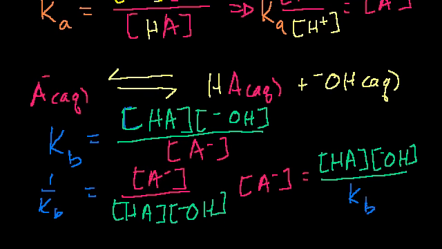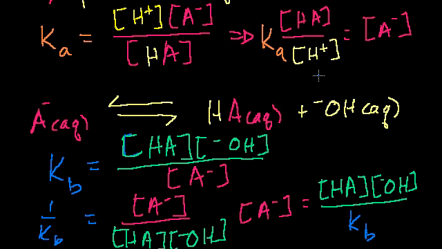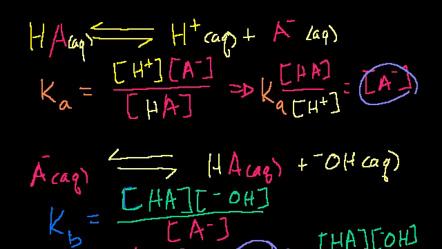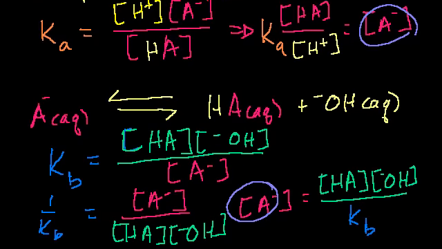Now, these are the same reactions, right? In either reaction for given concentrations, I'm going to end up with the same concentration. This is going to equal that. These are two different ways of writing the exact same reaction. So let's set them equal to each other.